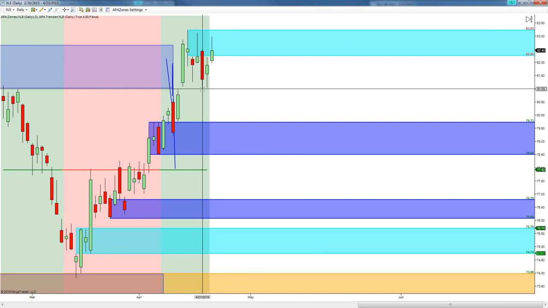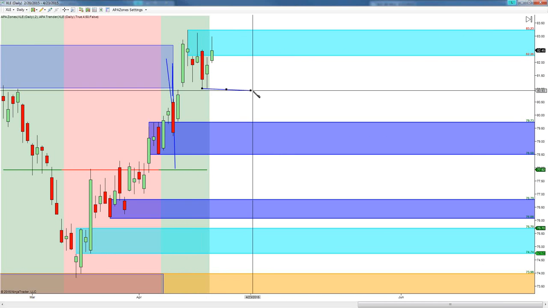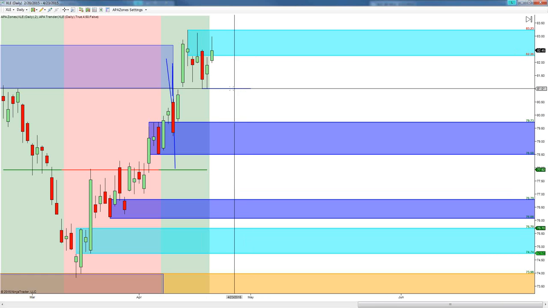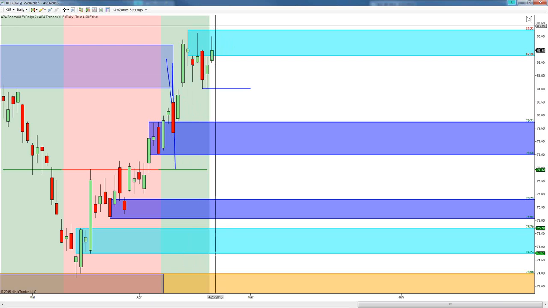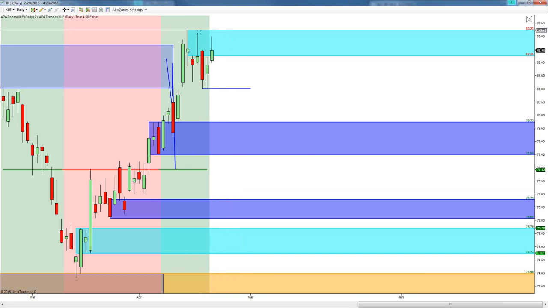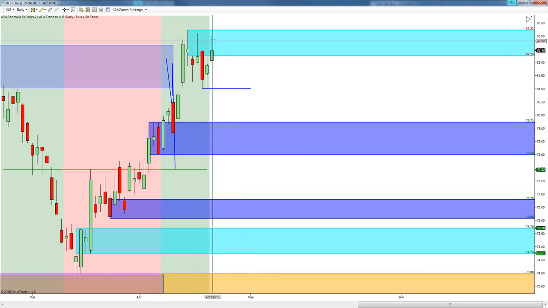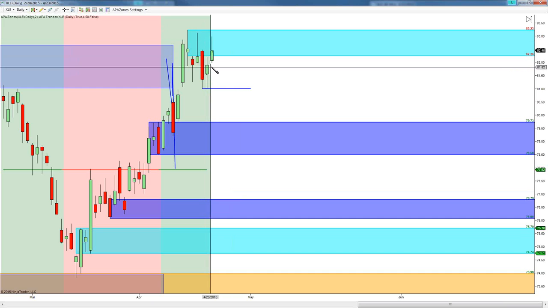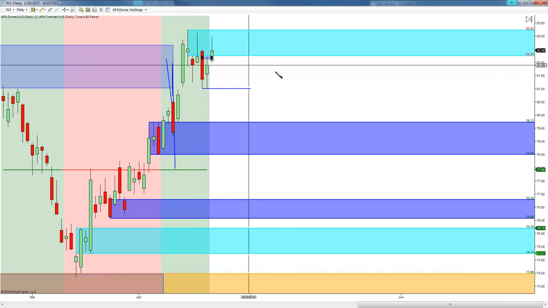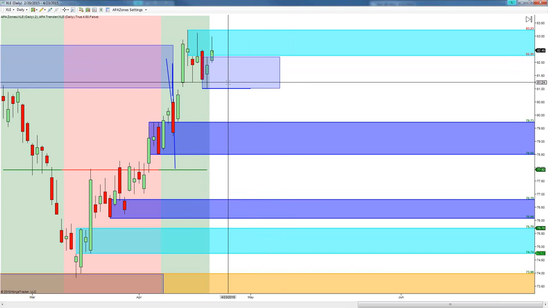So we need to jump on the bus in a confirmation way. Okay, so when price dips below this level and closes below this area, that's where I would be looking at jumping on to the short side. Okay. However, if this doesn't happen before that high, before this zone gets taken out, then it would be nice to probably buy in this area, because this area will turn into support.